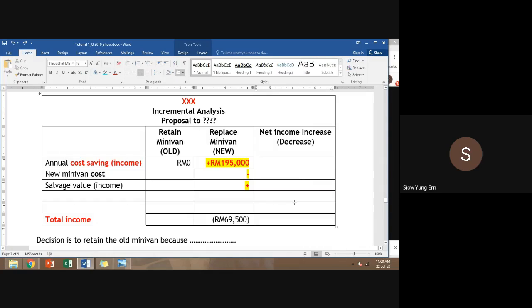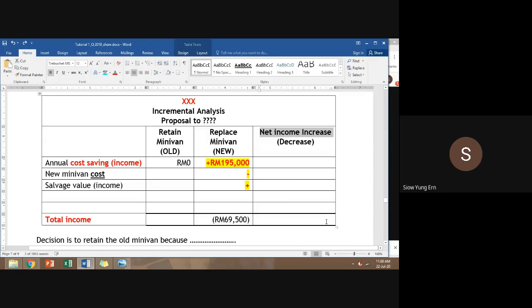Okay, next one, salvage value. Income also. Correct, 20,500 positive because from 0 it increases to 20,500. So income increases, net income also increases.